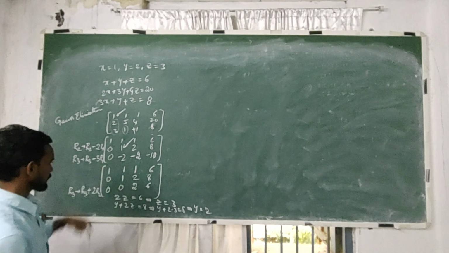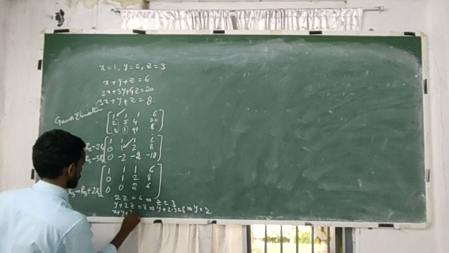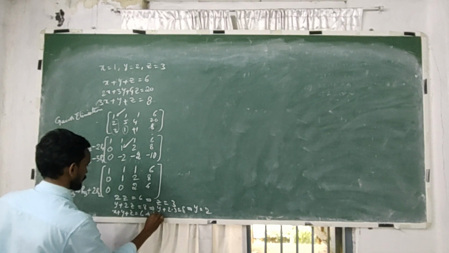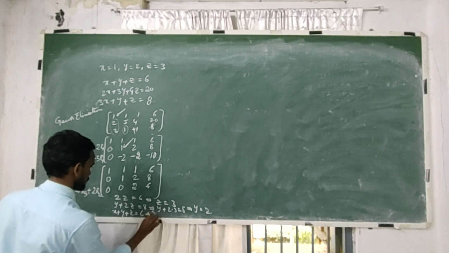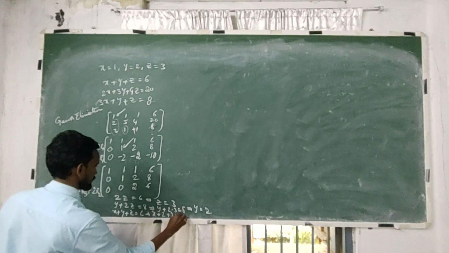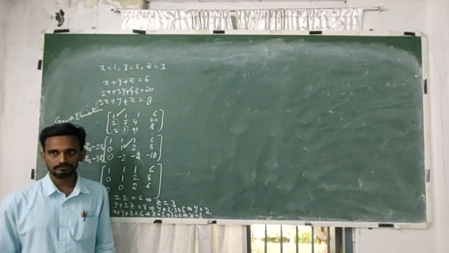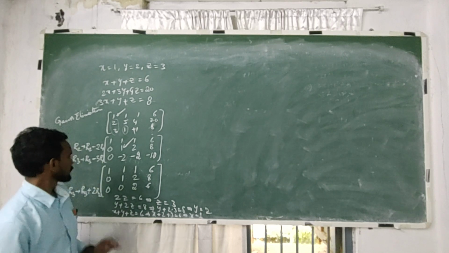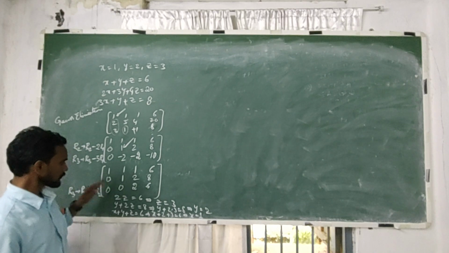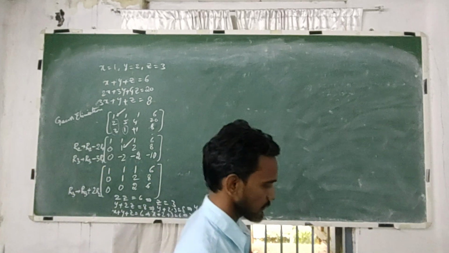Substitute these two values in the previous one. So x plus y plus z is 6. x plus 2 plus 3 is 6, so x is equal to 1. So once you make the lower triangle 0, you have to fetch the values from the bottom.